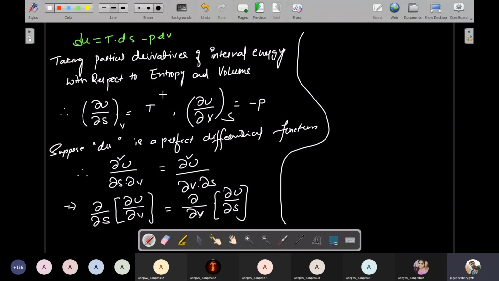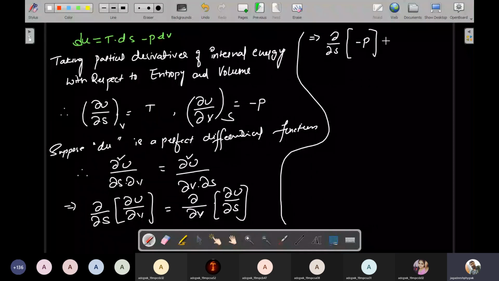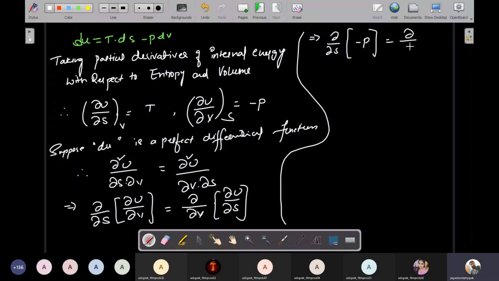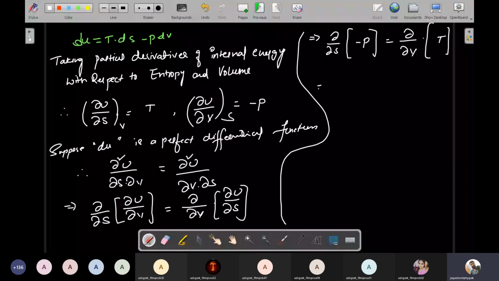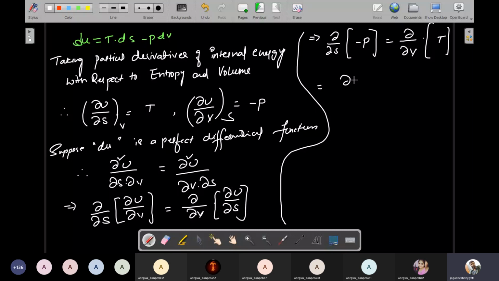You will get ∂/∂s of (∂u/∂v), and ∂u/∂v is nothing but minus p, is equal to ∂/∂v of (∂u/∂s), and ∂u/∂s from this equation we will get capital T. So therefore finally, minus ∂p/∂s is equal to ∂T/∂v.